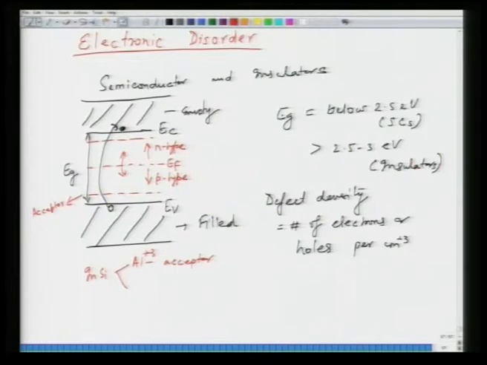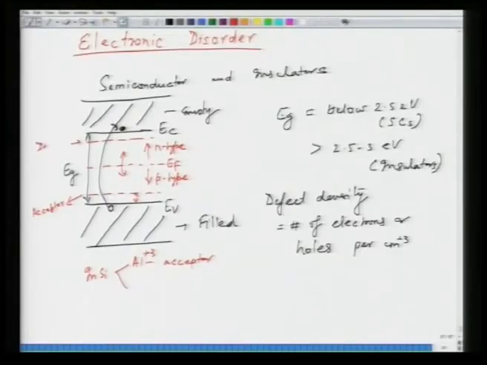So it will receive an electron from the valence band, creating a hole in the valence band. So this is an acceptor level, and this difference in the energy is very small. It is of the order of a few milli electron volts, which can easily happen at room temperature. Similarly, this level will be called the donor level.